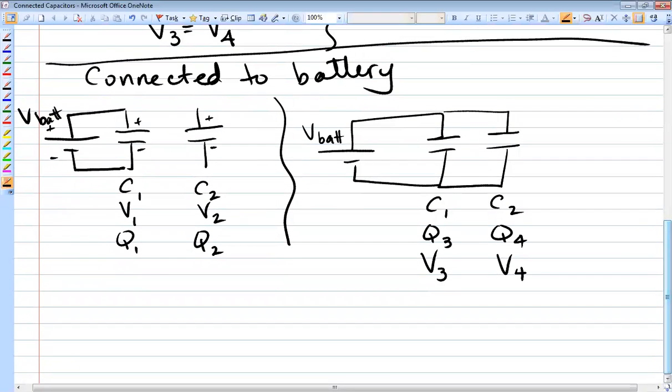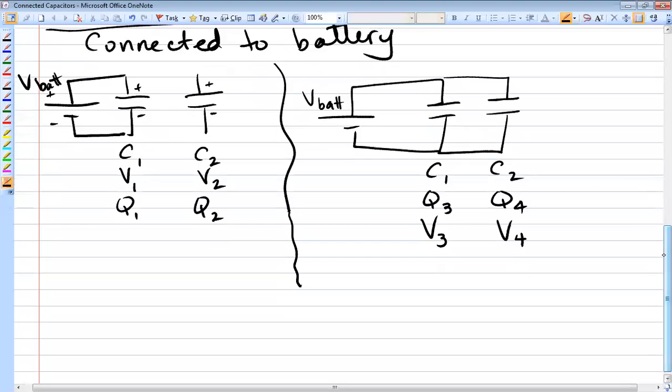Now in this case, charge is not conserved because of this battery. We now have a source for charge. So if, after this final configuration, we need the battery to put out more charge to either capacitor, it will do that. Or if we need the battery to take up charge, it will do that as well. So we do not write that Q1 plus Q2 equals Q3 plus Q4. But what do we write? Well, because these are all in parallel, the battery voltage must be V3, which must be V4.